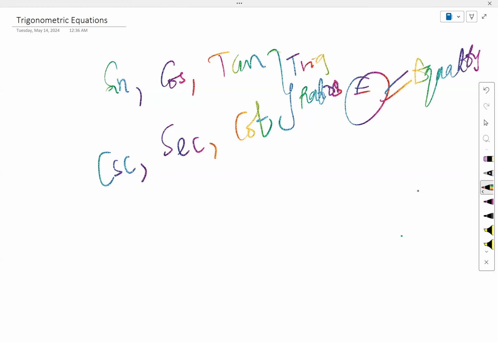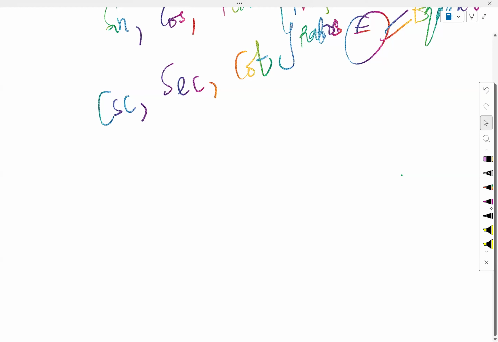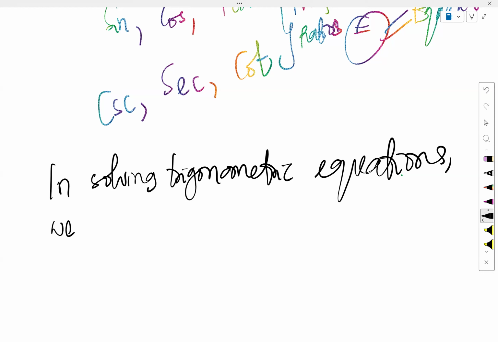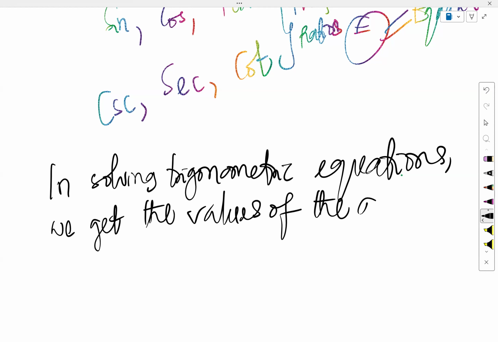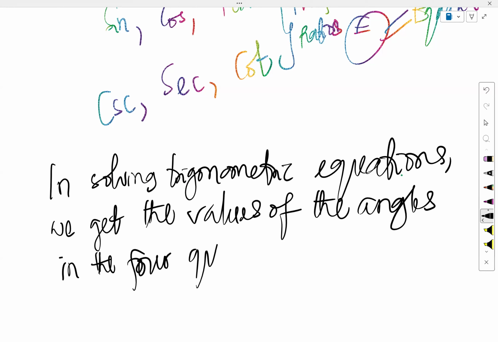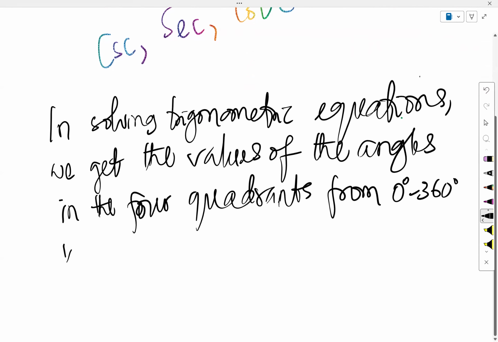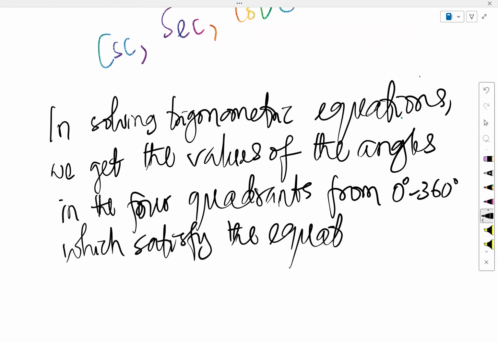Let me write it: in solving trigonometric equations, we get the values of the angles in the four quadrants from 0 degrees to 360 degrees, which satisfy the equations. That's all we are doing.